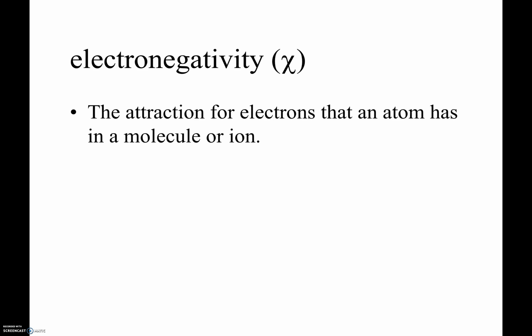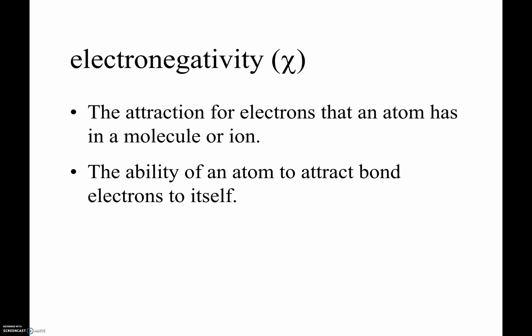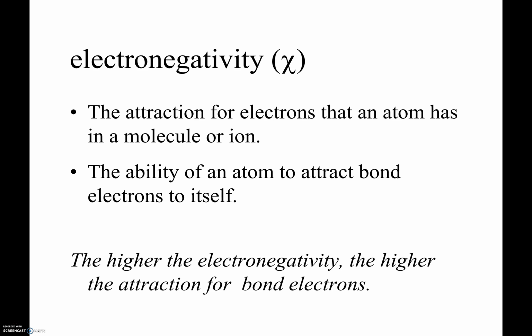It is a measure of electrons being attracted to an atom that's bonded to another atom. So the higher the electronegativity, the more likely that atom is to attract electrons to it.